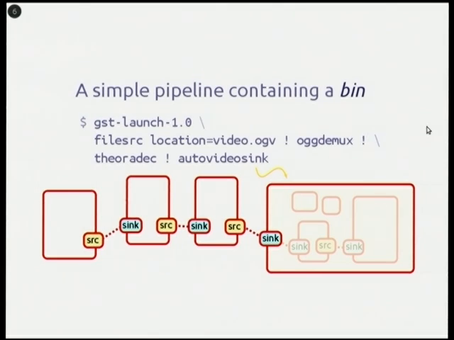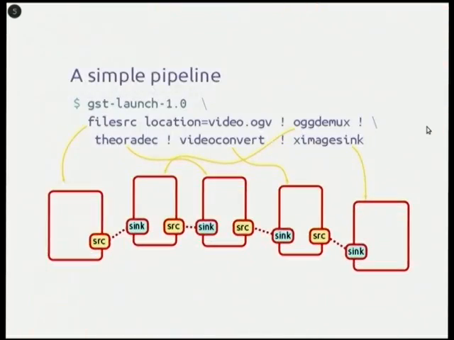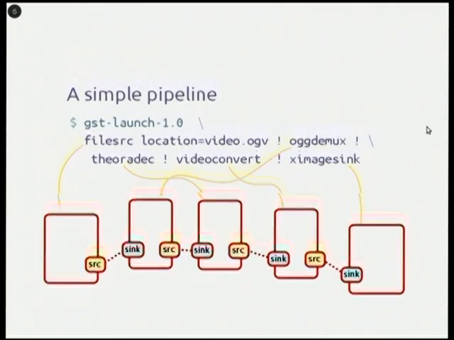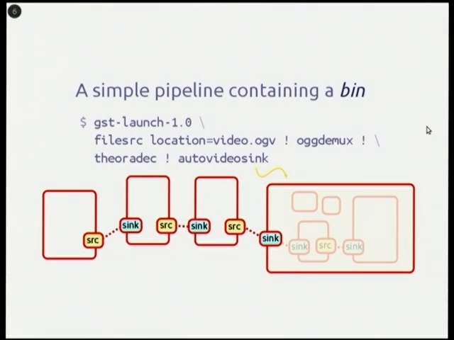The autovideosink wraps a whole set of elements, and it finds a way of putting video on your screen that suits your computer. So this is the same thing as that, except it probably uses a different image sink, and if you used a Mac, it would use whatever would work on a Mac, and so on.